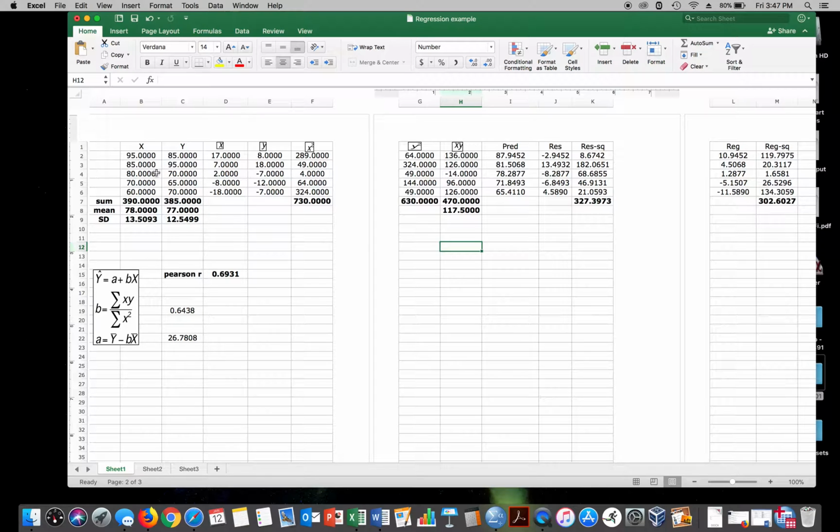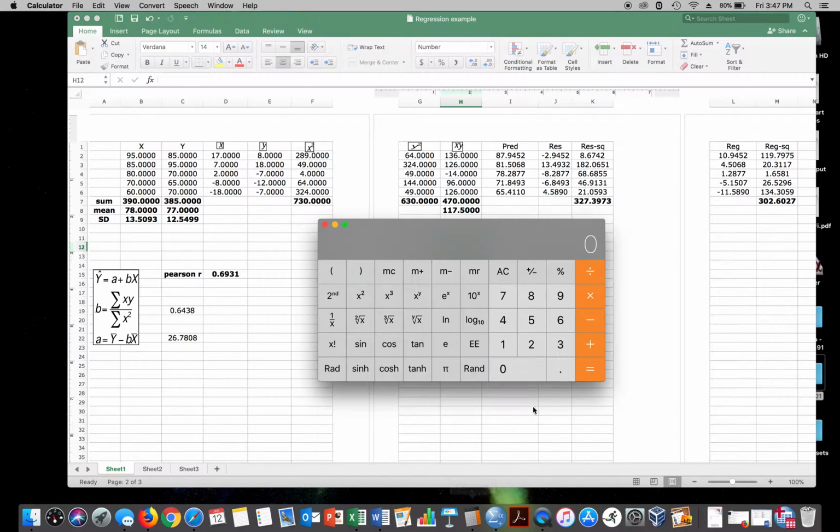So the beta weight, 0.6438, times 95 plus 26.78 is going to equal 87.9452.